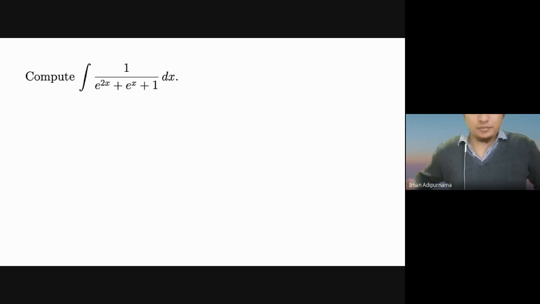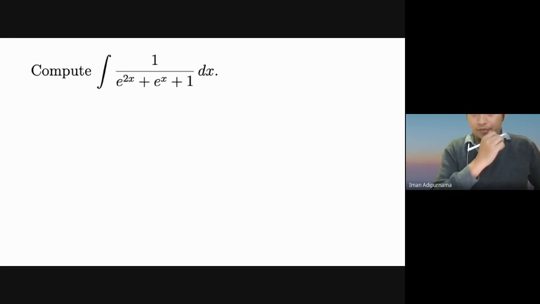Okay, the first clue how to solve this is you can consider some substitutions. Let's say we substitute the e to the x with, let's say, t.